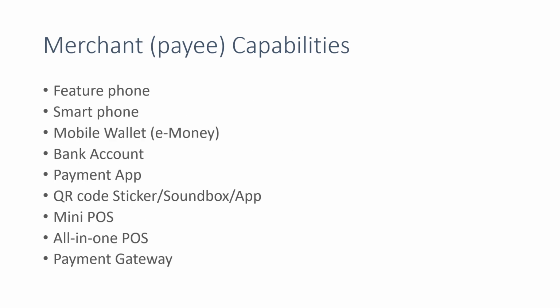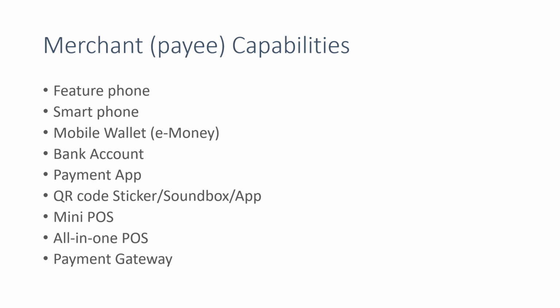Similarly, the merchant capabilities are also important, and this depends on the merchant persona. If the merchant is a micro merchant, then they might have different capabilities. The merchant's location is also important, because if they are based in an urban city, they might be fine with digital payments, whereas if they are based in a rural area, they might prefer cash. If they are an SME, then they might already have a smartphone and bank account, or may not have a bank account.